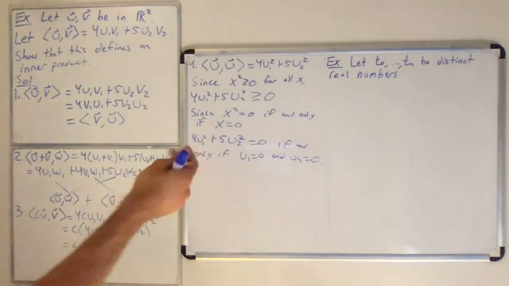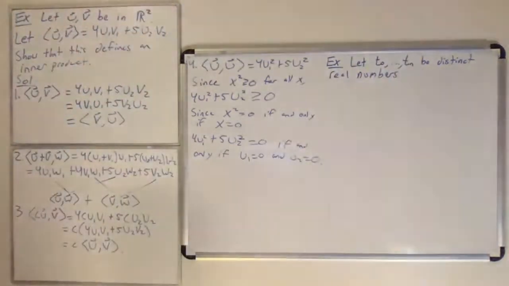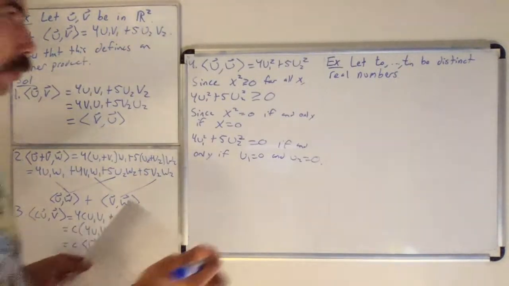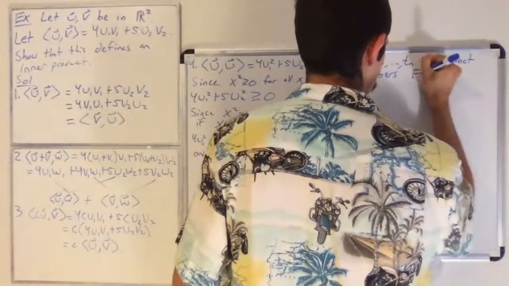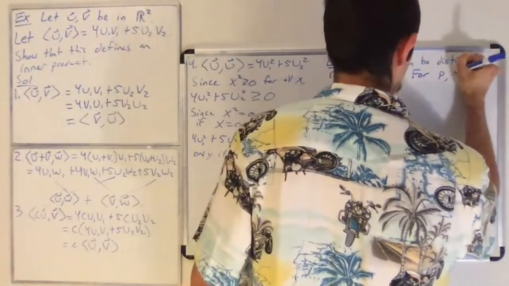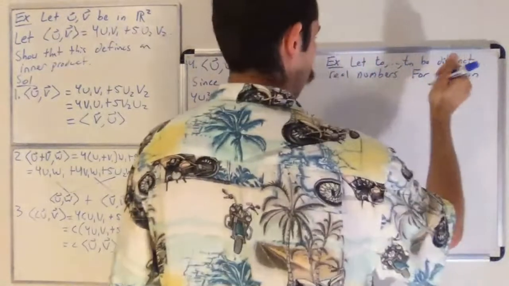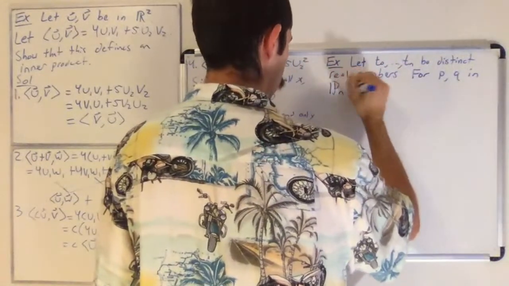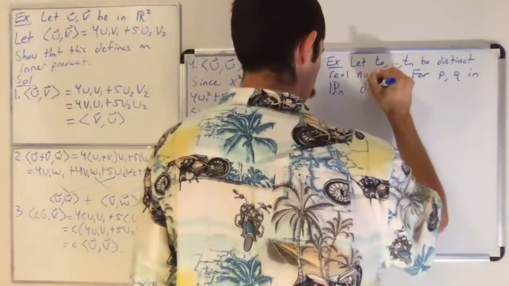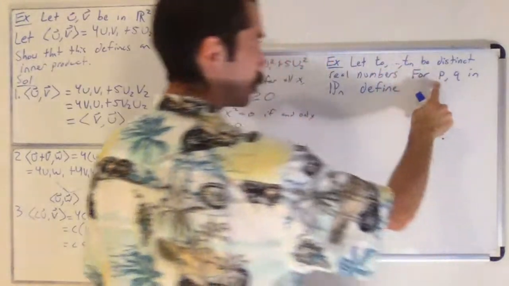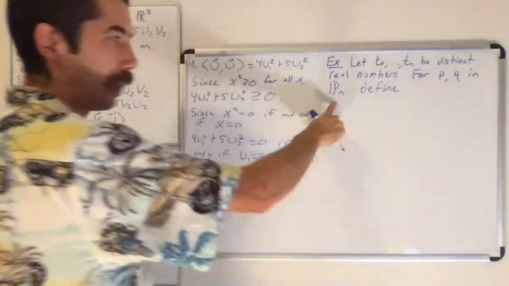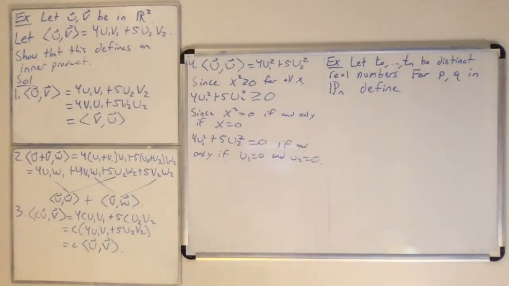I could have given you the numbers 1, 2, 3, 4, 5, 6, 7, 8, 9, 10 if I wanted to, but we'll do it a little bit more theoretical. Okay, so we'll take two polynomials in Pn. These are polynomials of degree at most n.